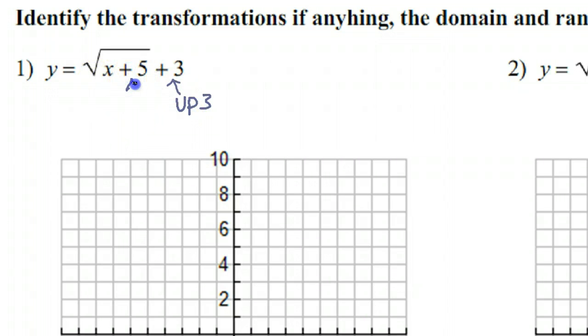And because of this 5, when we're inside of the function, that's a left-right motion, but it's going to be the opposite of what you would normally think. So a plus 5 in here is actually going to be to the left 5. So compared to the parent function, this function will be the same thing except shifted left 5 and up 3.